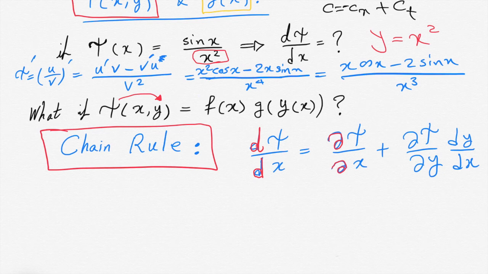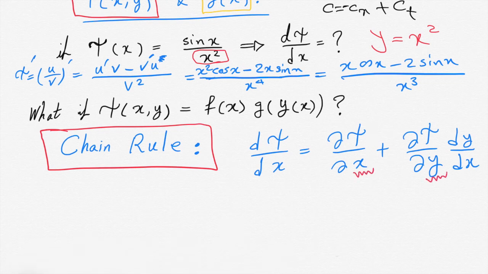So if you want to find the derivative of psi with respect to x, then we have this chain rule here that actually is the partial derivative of psi over the partial derivative of x plus the partial derivative of psi over the partial derivative of y times again dy over dx. So you can have this intuition that this is going to be canceled with this one, and it will just remain partial psi over partial x, but this is just to keep in mind.